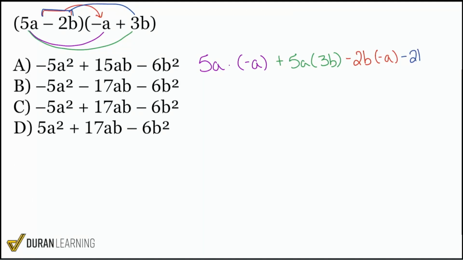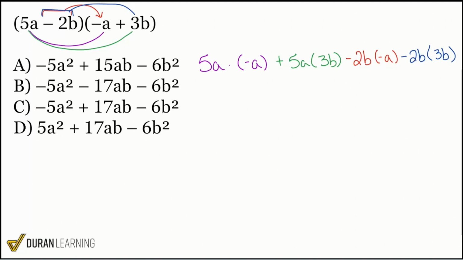So minus 2b multiplied by 3b. Once we are certain that we have the right combinations written, again, just making sure that everything from one parentheses multiplies with everything from the other, we're all good. Now it's just a matter of cleaning it up with the multiplication, combining like terms if necessary, and then finalizing our problem.